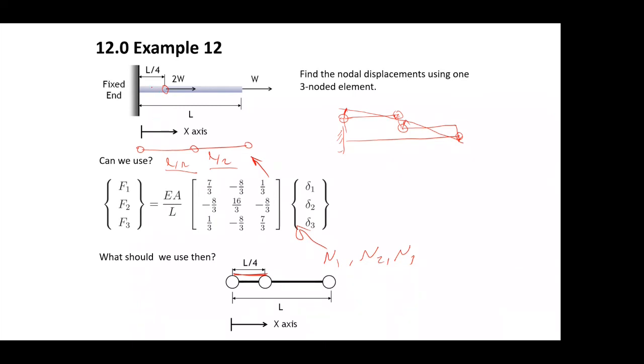I would say we need to have the third point here, and then you have the second element here to cover the remaining part of the problem. So you have one element going for 1/4 of the length and the second element going for 3/4 of the length.